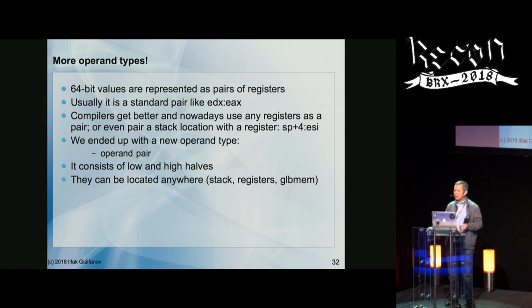But nowadays, compilers are very clever, and they can use any pair of registers to hold such a value. And sometimes they even hold a part of the value in memory and another part in a register. To be able to represent this kind of stuff, we had to introduce a new operand type. It's called operand pair, and the halves are completely independent of each other. They need to be of the same size. That's the only restriction on them.